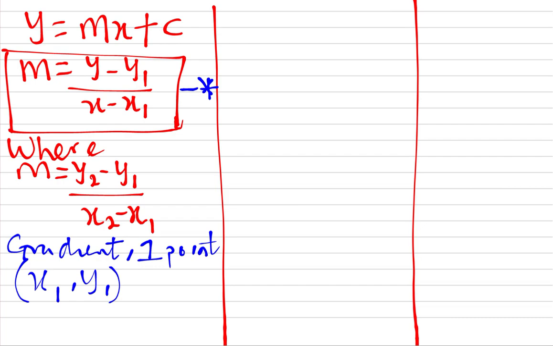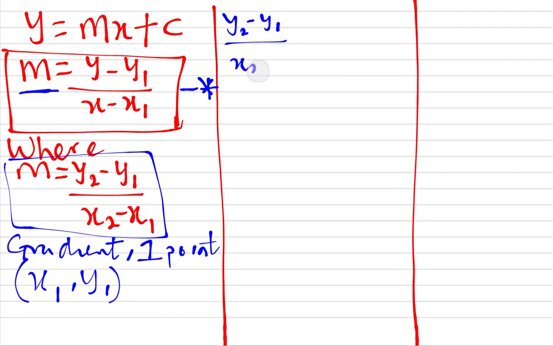So when you have 2 points, your formula will now become: you replace your m here with our m that we have here, which is y2 minus y1 over x2 minus x1, equals y minus y1 over x minus x1.